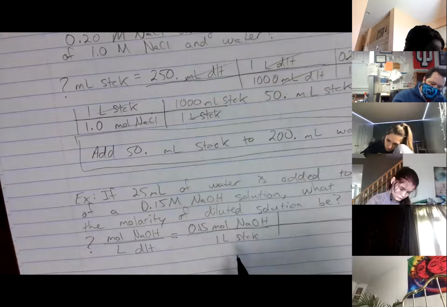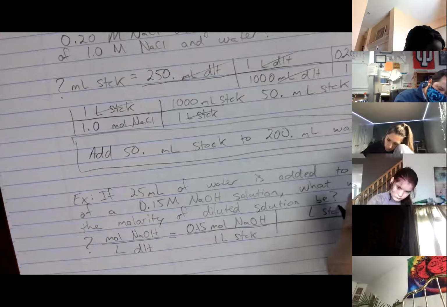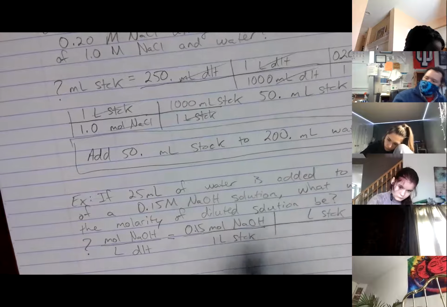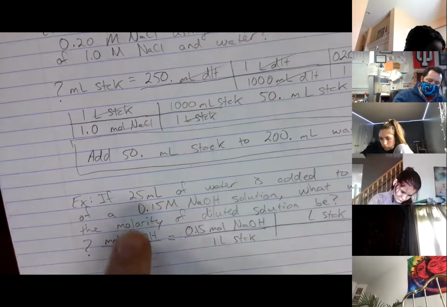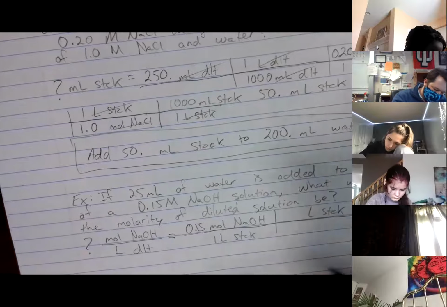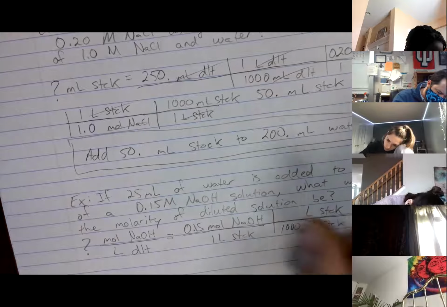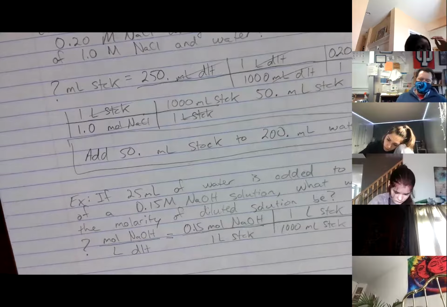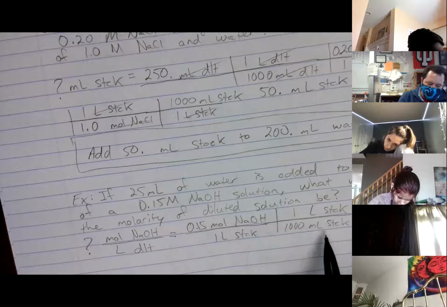Okay, well, our first step, we have to go liters of stock on top. Why is that? Well, because we need to cancel out. I'm working with milliliters, so let's go milliliters. Cool, liters of stock is gone. We're into milliliters.